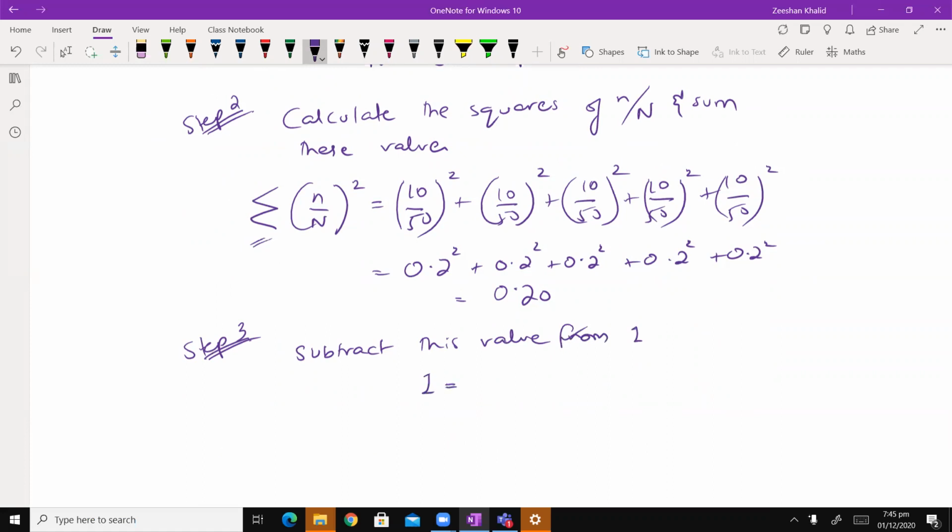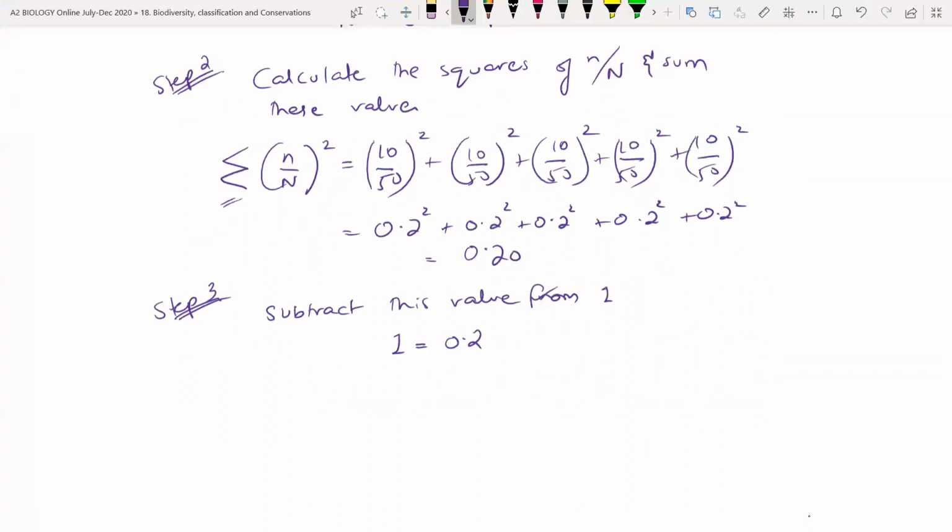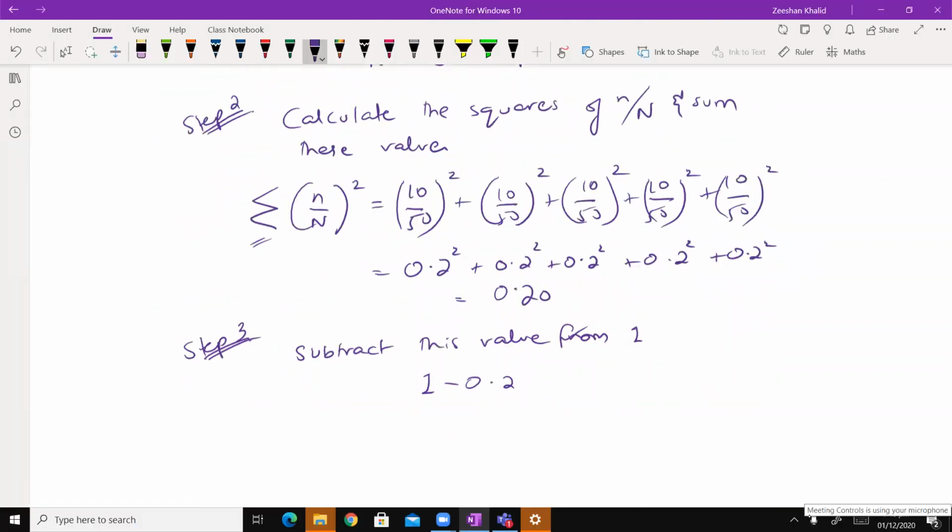So 1 minus 0.20 is going to give us D, and that is eventually 0.80. So D for community 1 is 0.80.